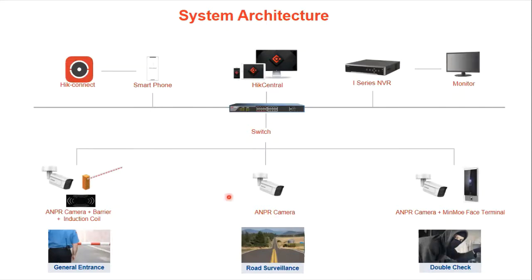Otherwise, you can just go for your normal ANPR cameras in general street surveillance and so forth. Or we can do the double checking, where we combine the ANPR camera with a face terminal to get facial recognition access, plus the number plate must match, and only then will control of the boom or the gate be allowed. All of these systems can then talk back to back-end systems.